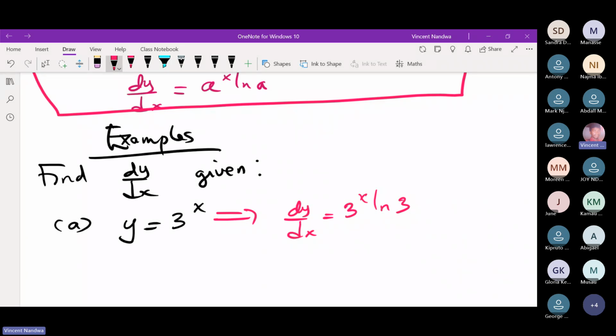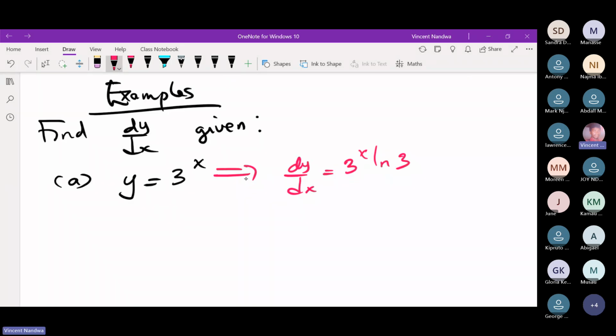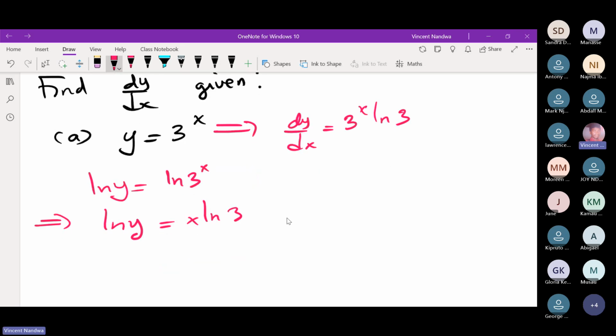You can just say, when you have y equals 3 power x, introduce ln on both sides and say ln of y equals ln of 3 power x, which implies we'll have ln of y equals x ln of 3. Then use implicit differentiation to differentiate both sides. So we'll have d dx of ln of y equals d dx of x ln of 3.